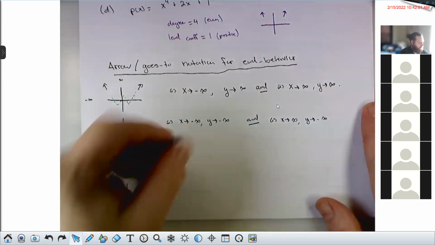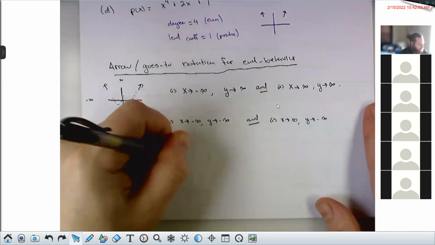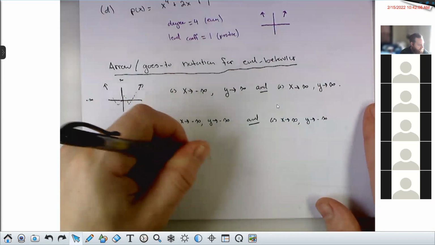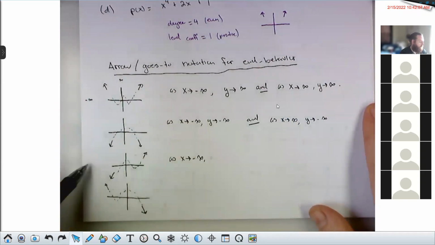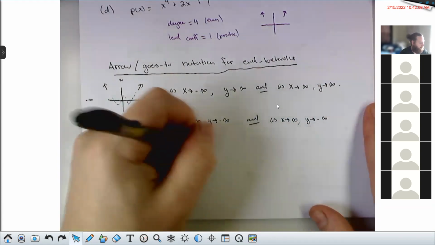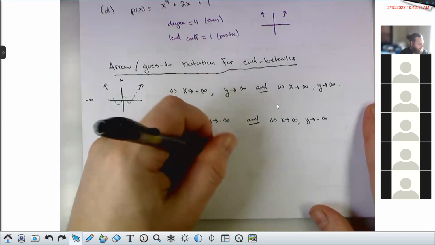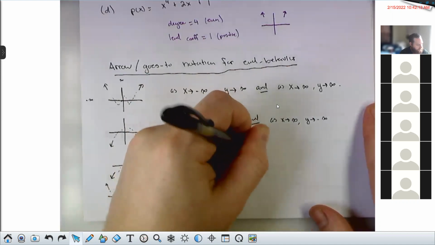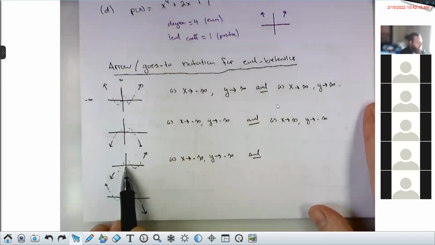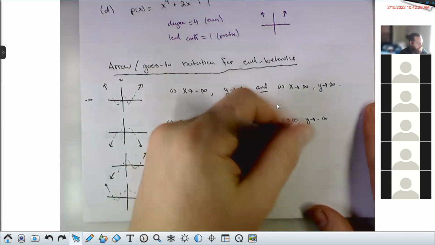This fellow, let's say as x goes to negative infinity, I wander off to the left, my y values are going down. So you say y goes to negative infinity. And as x goes to positive infinity, y goes to positive infinity.